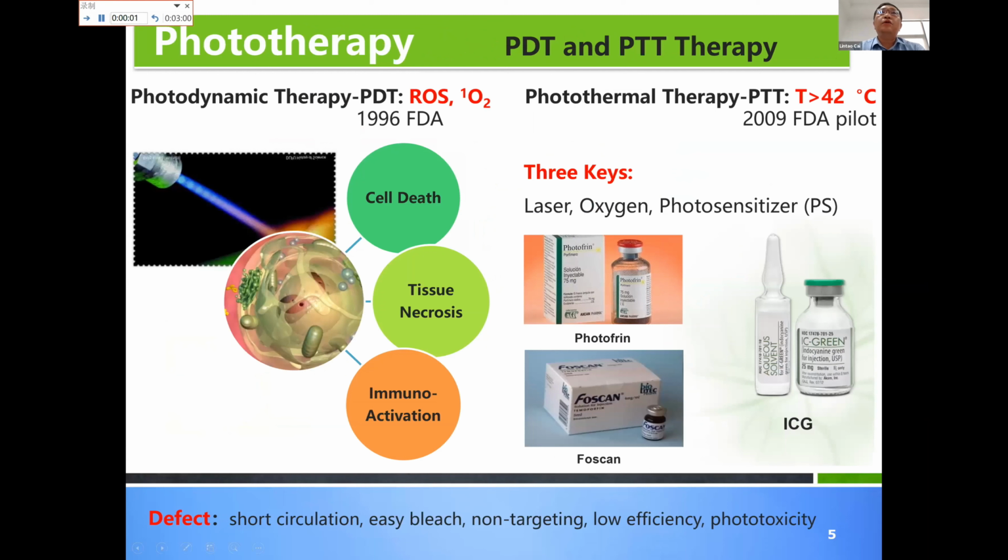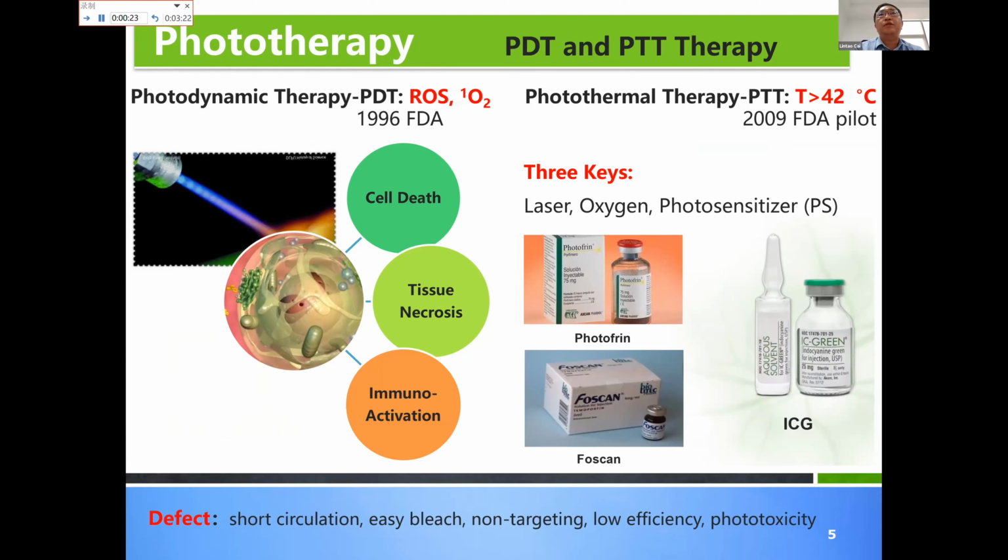So I also introduce what phototherapy is. Phototherapy uses a laser to excite the photosensitizer, producing ROS, and also local higher temperature to kill the cancer cell.